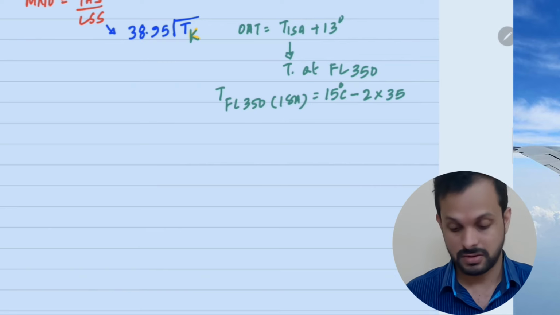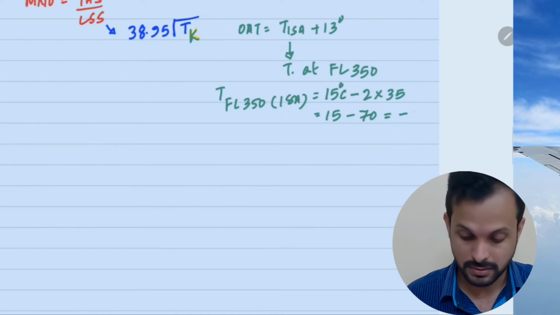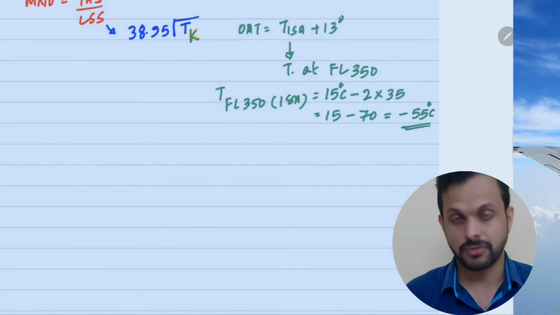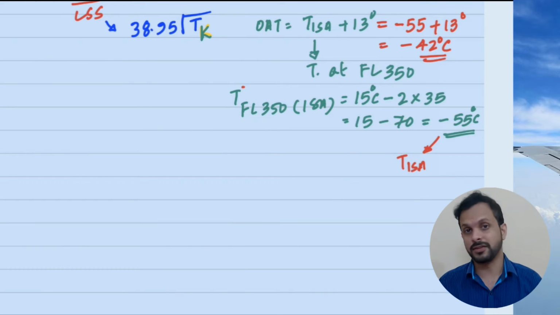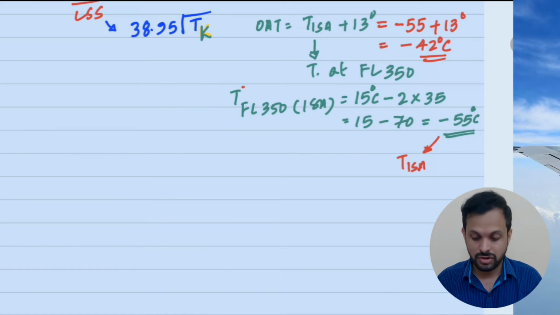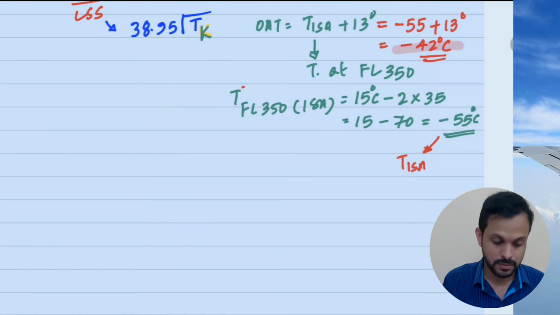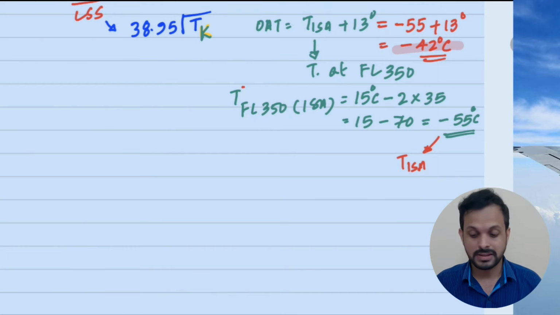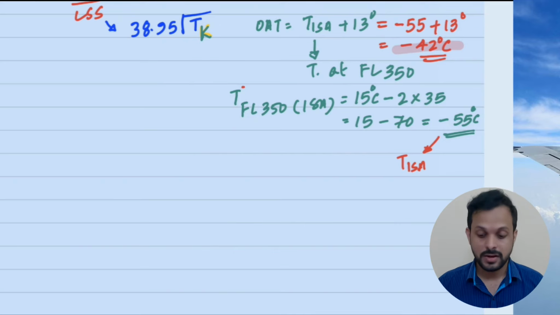So 35,000 divided by 1,000, that is 15 minus 70, which is minus 55 degrees Celsius. This is the ISA temperature at flight level 350. Now what we need is the outside air temperature, which has a deviation of 13 degrees, and therefore the outside air temperature is minus 55 plus 13 degrees Celsius, which is minus 42. All right, now this is in degrees Celsius.